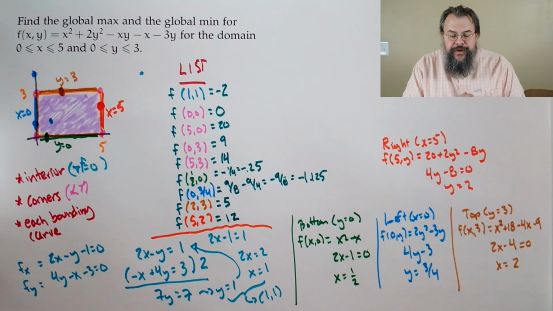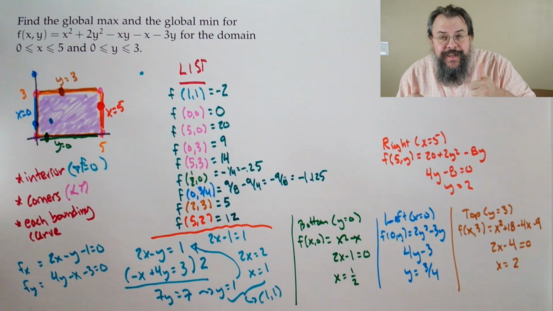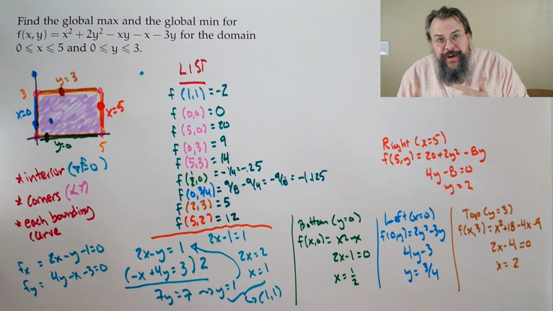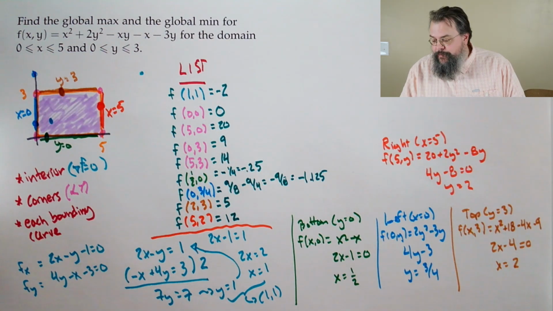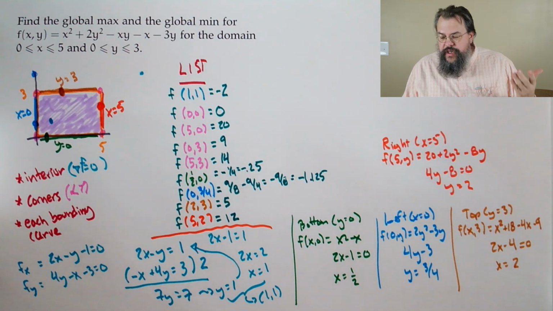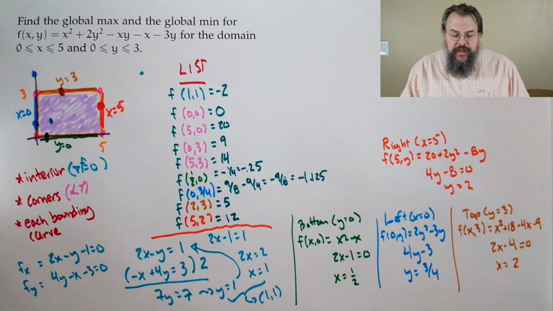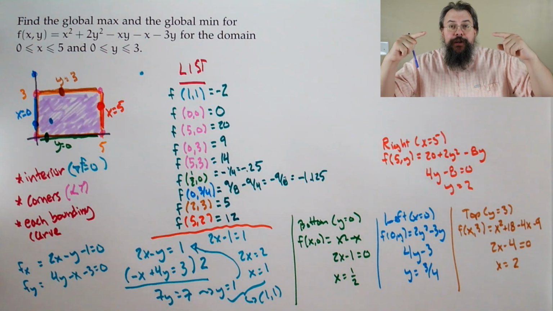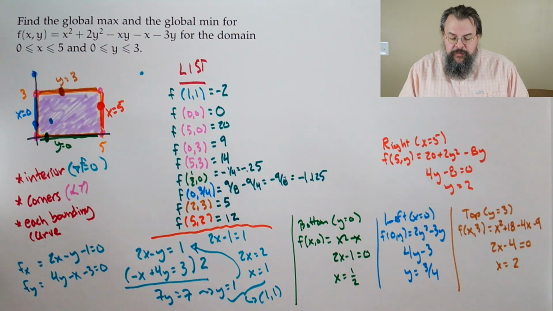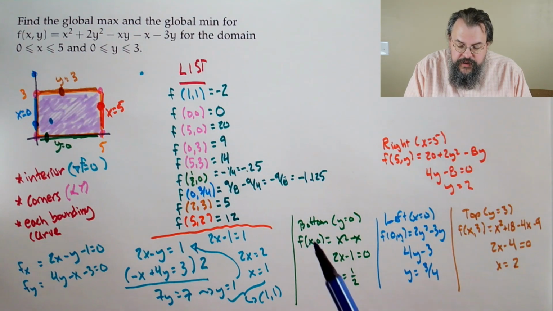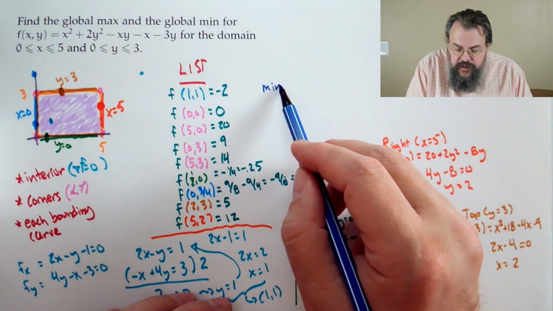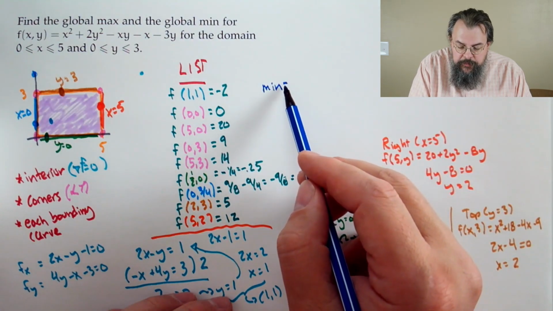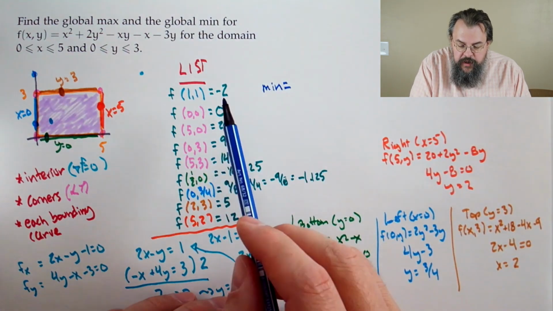So now we've made our list, and we plugged every point on our list into our function. And finally, the last step. If you think of the process, make your list, check out what happens at each point, and now we do the fun thing, which is we scan the list. Let's do our min first. For our min, we're looking for the smallest number.